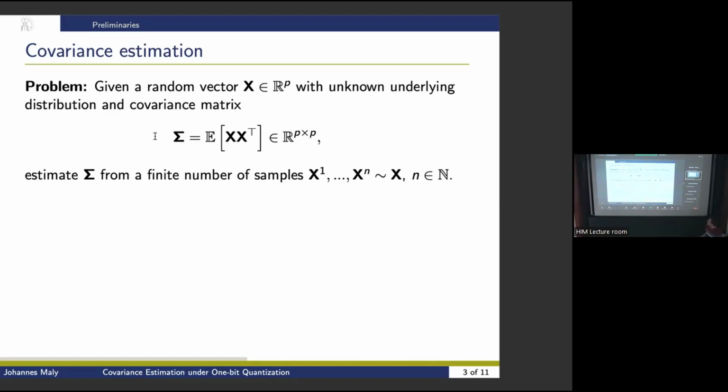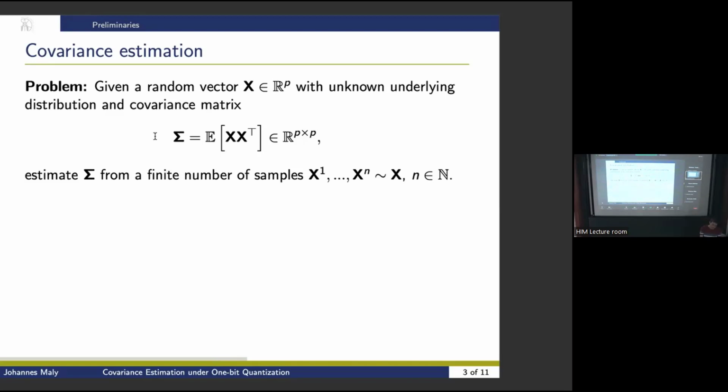Basically, it means: given some unknown high-dimensional probability distribution, can I use samples to get information on the covariance matrix? The covariance matrix is an interesting object because it contains important information on the geometry of the probability distribution in space, which can be used, for example, for data analysis.